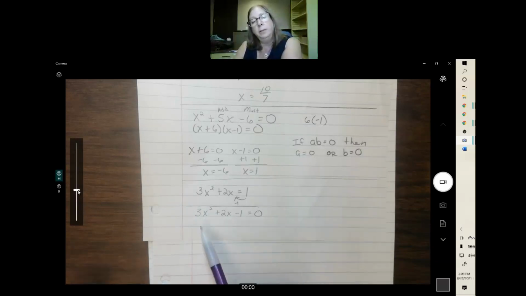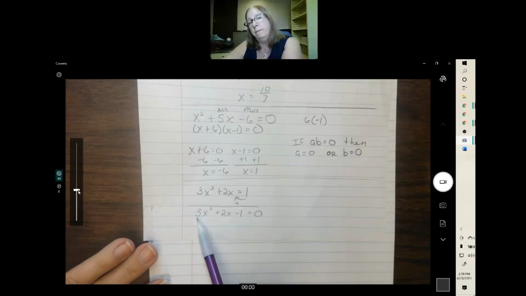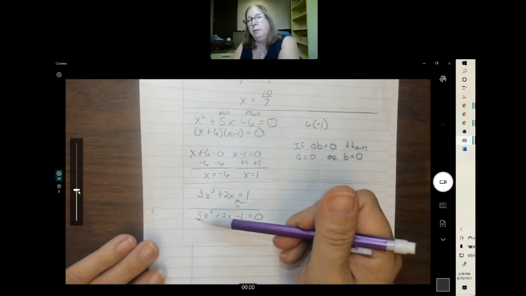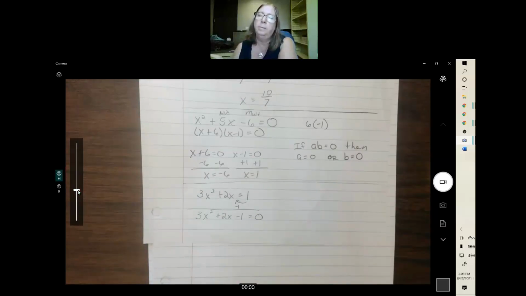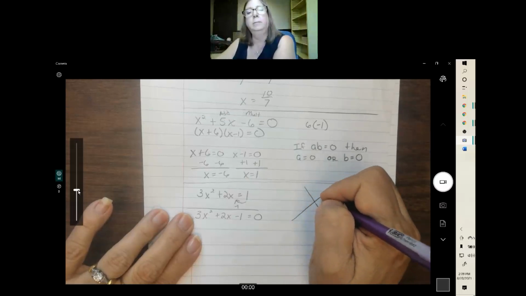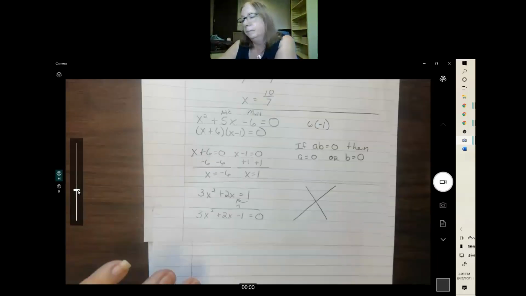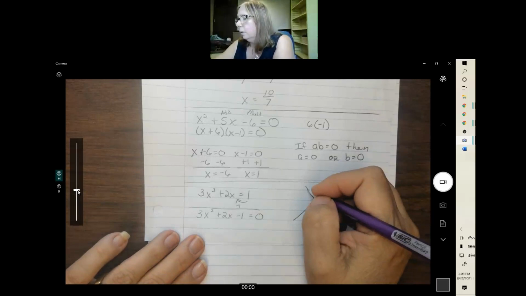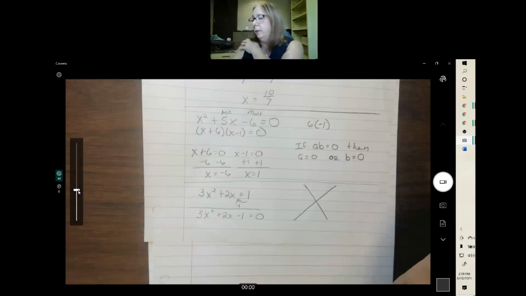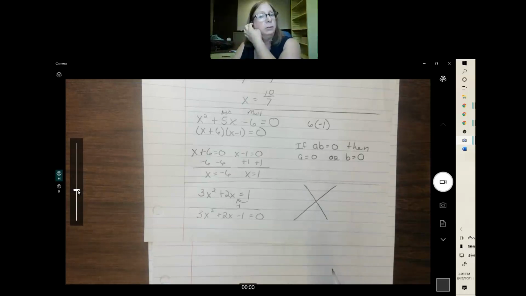Now this one, notice there's a number in front, so you cannot factor it the way we did the last one. You can use trial and error, factor by grouping, or the X that we used last class. If we use the X, or do it whichever way you like to do it, we'll make sure we get the same answer.